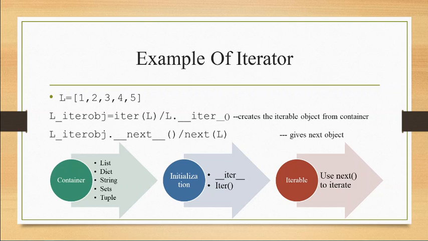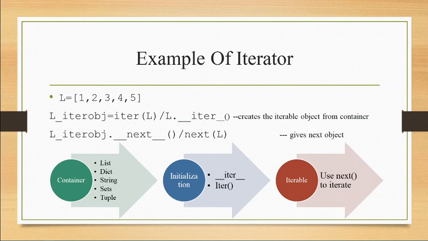Here comes the iterator in the picture. To move through the list, we first need to create an iterable object of that particular list. Here, the list is considered a container as we are iterating over it.